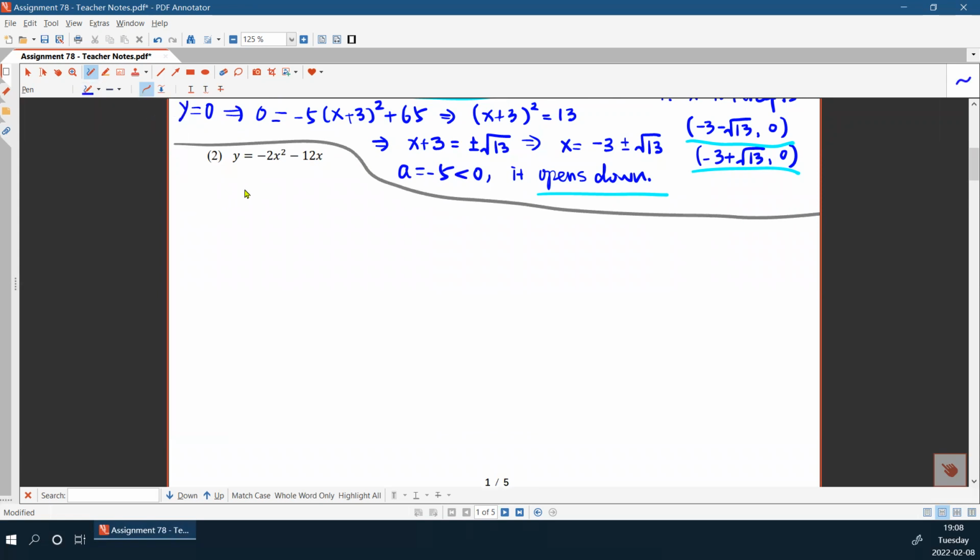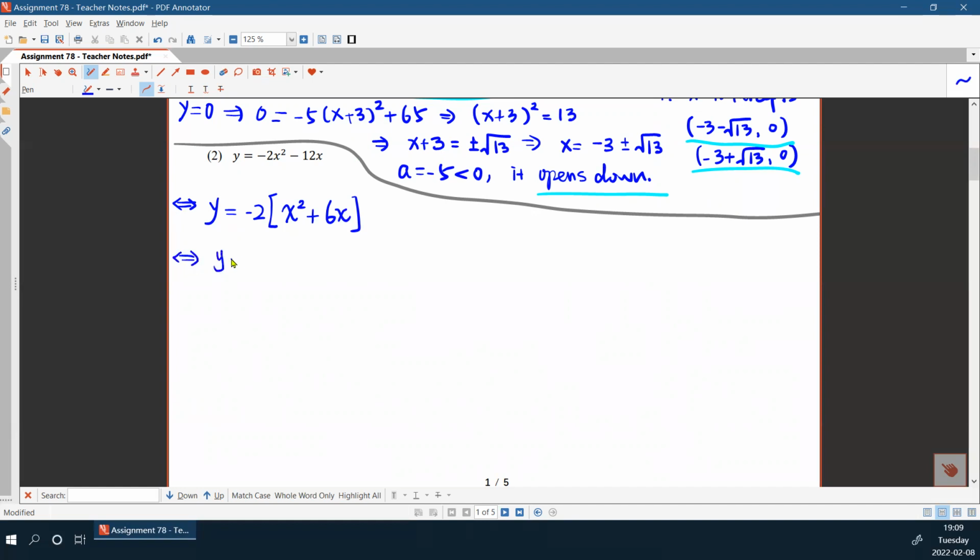All right, so first of all, let's convert to vertex form. And note here the leading coefficient is not 1, so let's put it in front, which is -2 times (x squared plus 6x), right? And again, you have 6x, so let's try (x plus 3) squared, right?